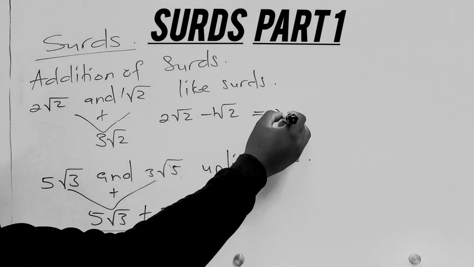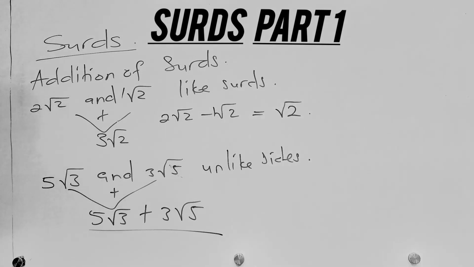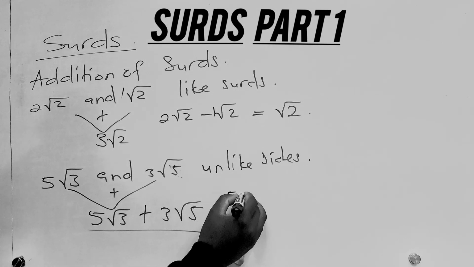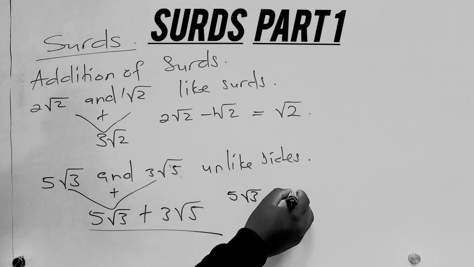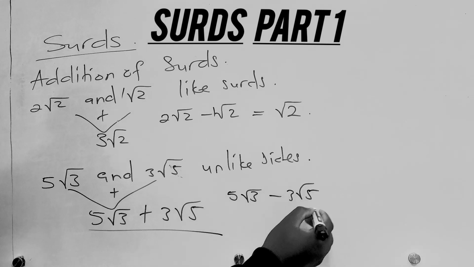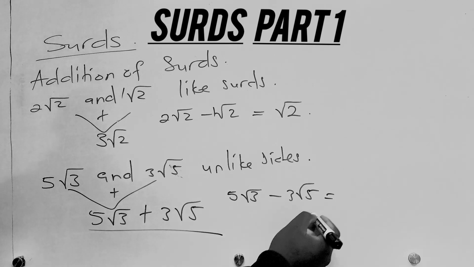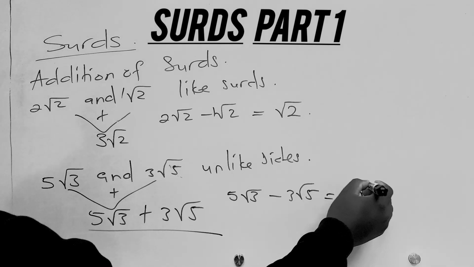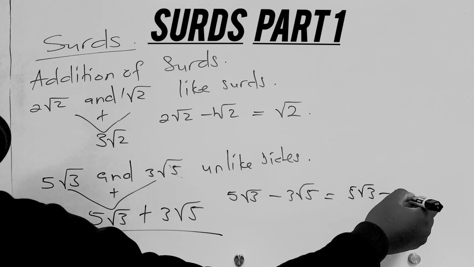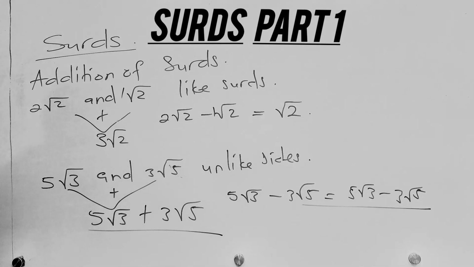So we have 1 root 2. That will be our answer. Here, if you subtract 5 root 3, subtract 3 root 5, you won't get a solution. It just remains 5 root 3 subtract 3 root 5. So this is how we add or subtract surds.